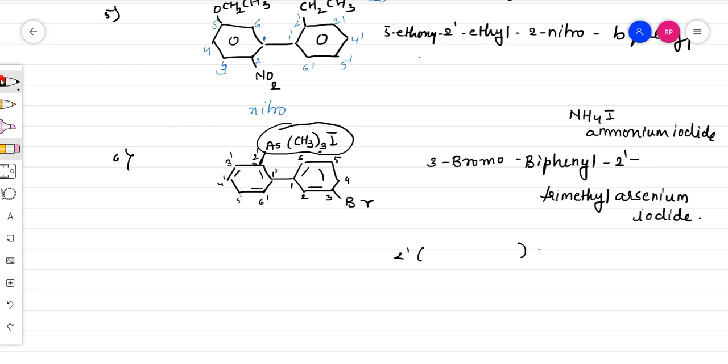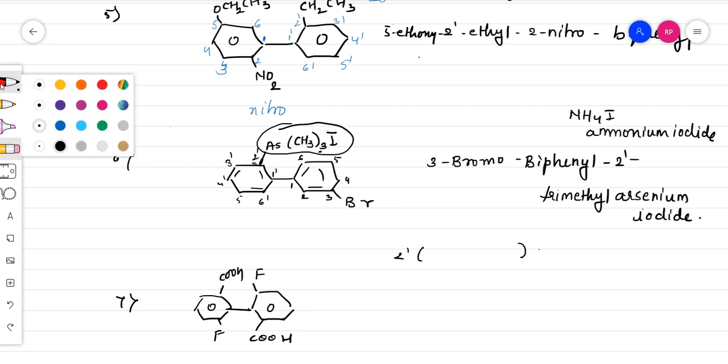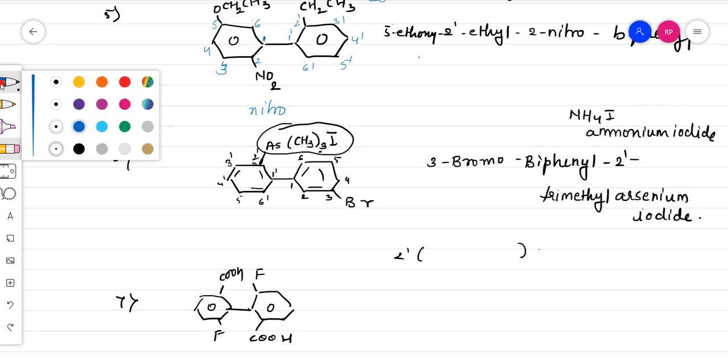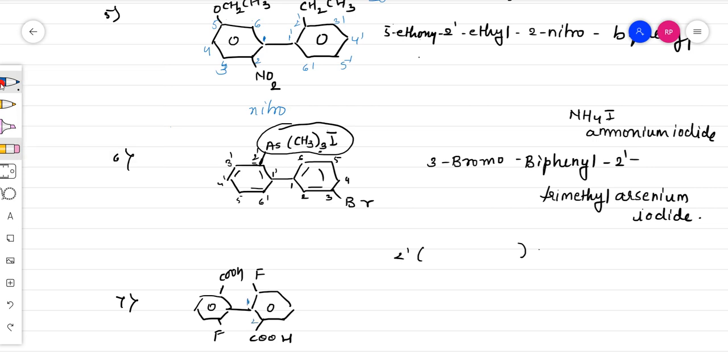Okay, let me take some more examples. These are the exercise questions. So same thing, carboxylic acid is the higher priority group. So that gets priority, not the fluorine.